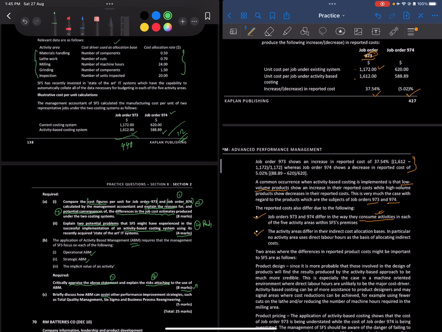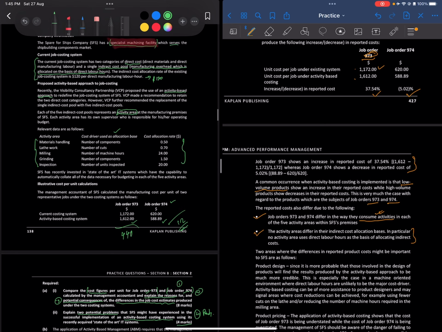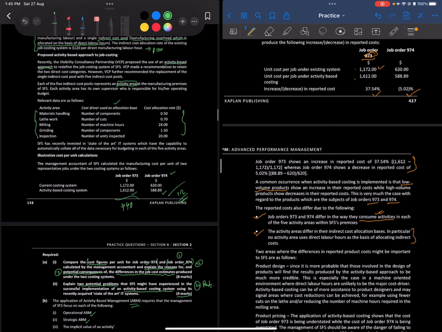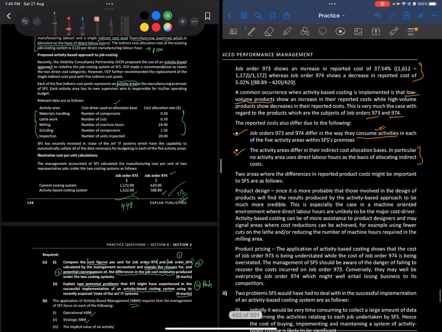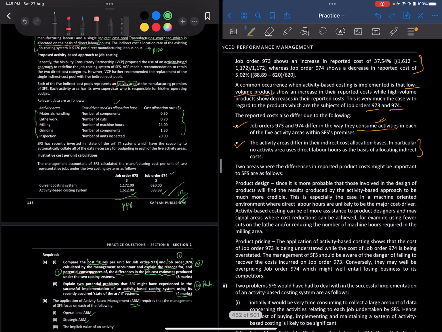Since we are not using direct machine hours, we are allocating based on activity. So it does not mean that an activity which uses more machinery will use a similar amount of activity. That's what the point means. No activity uses direct labor hours, and it can't always be correlated.